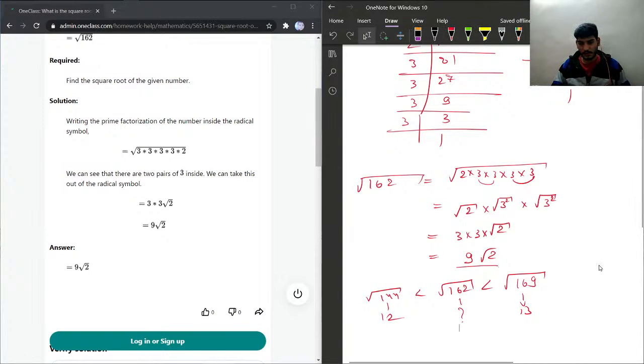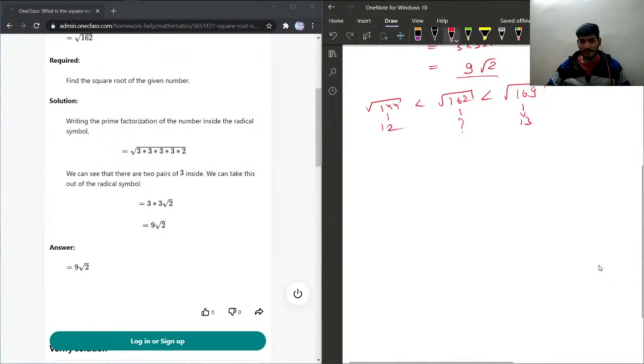So what we can do, we'll take 162 divided by 13, which is 12.46.